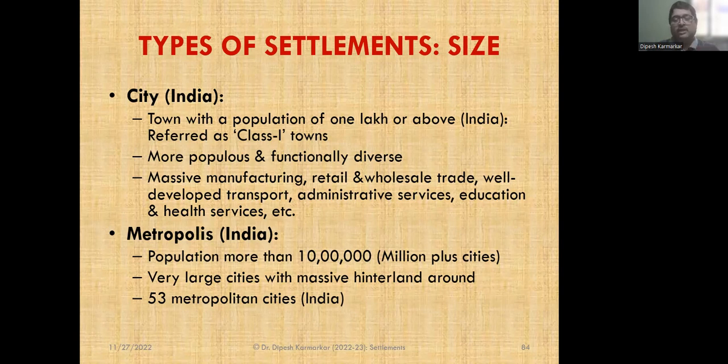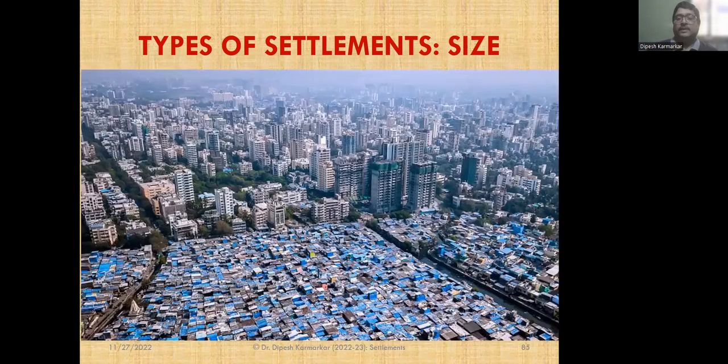A city, or here in this case a metropolis, exerts its influence around a vast area which we call hinterland. Such a hinterland may include small towns and large towns in the surrounding regions. In India, as per the 2011 census, we have 53 metropolitan cities.